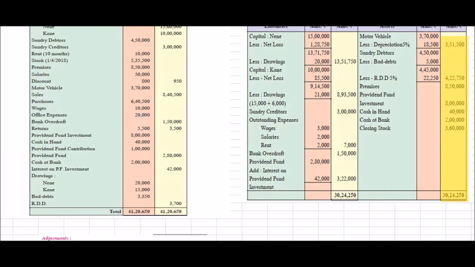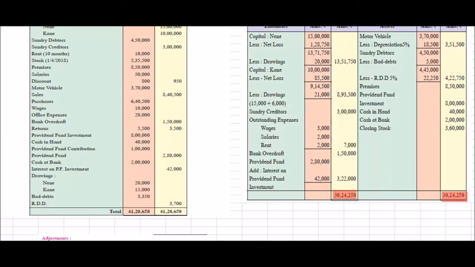Now we calculate the liability side: 13 lakh 51,750 plus 8 lakhs 93,500 rupees, and 3 lakhs plus 7,000 plus 1 lakh 50,000 plus 3 lakh 22,000. So it becomes 30 lakhs 24,250 rupees. Both side totals are coming equal, so only then can you consider that this problem is correct.